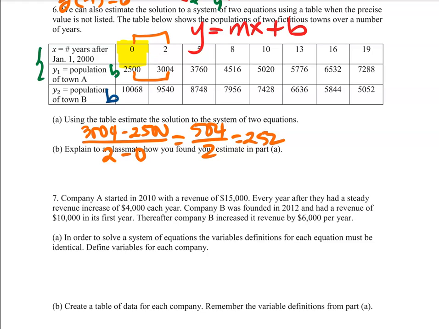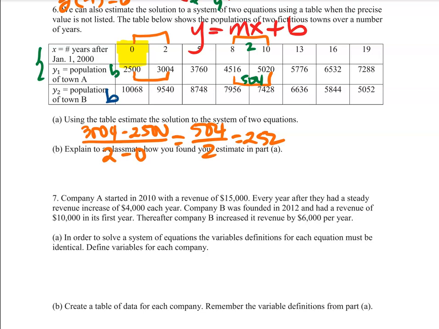You can try another one if you want, from 8 to 10. When you subtract 5020 minus 4516, that is also equal to 504. 10 minus 8 is 2. 504 divided by 2 is also 252.